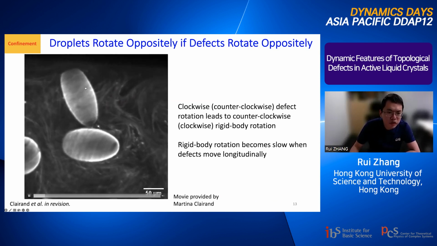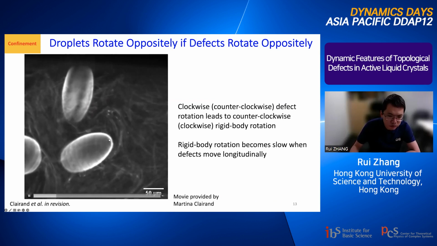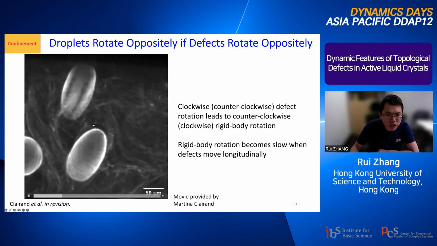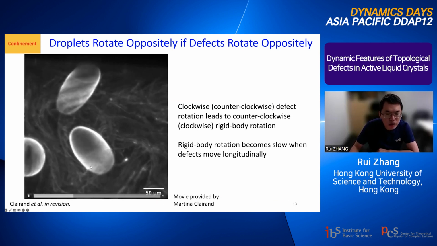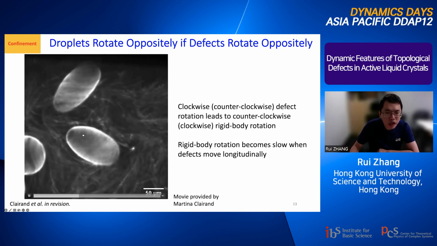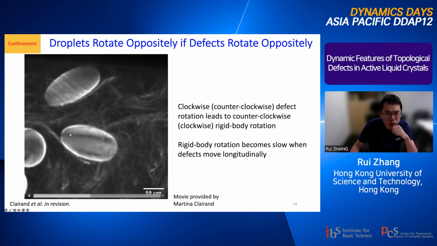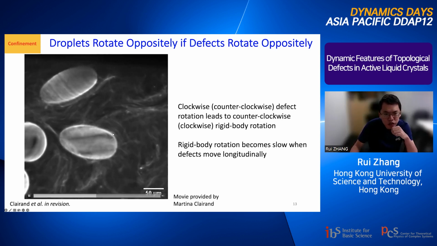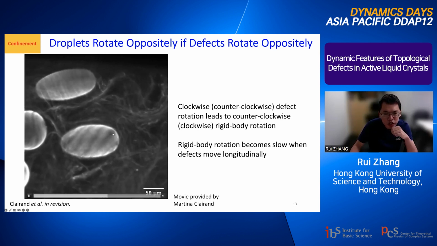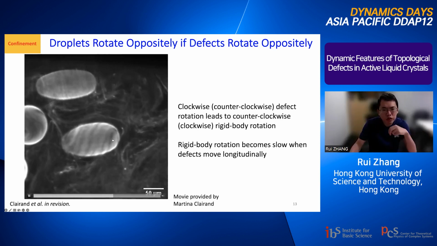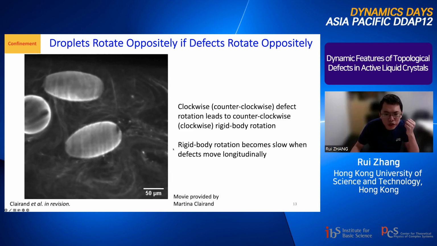So as you can see, if you look at these two droplets, the defects at their poles are rotating with different handedness, and the handedness of their rigid body rotations are also opposite. And also another thing is that when the defects are moving longitudinally, you can see that the rigid body rotation will cease. And once the defect is spiraling, the rigid body rotation will continue. So these are all consistent with our theoretical prediction.